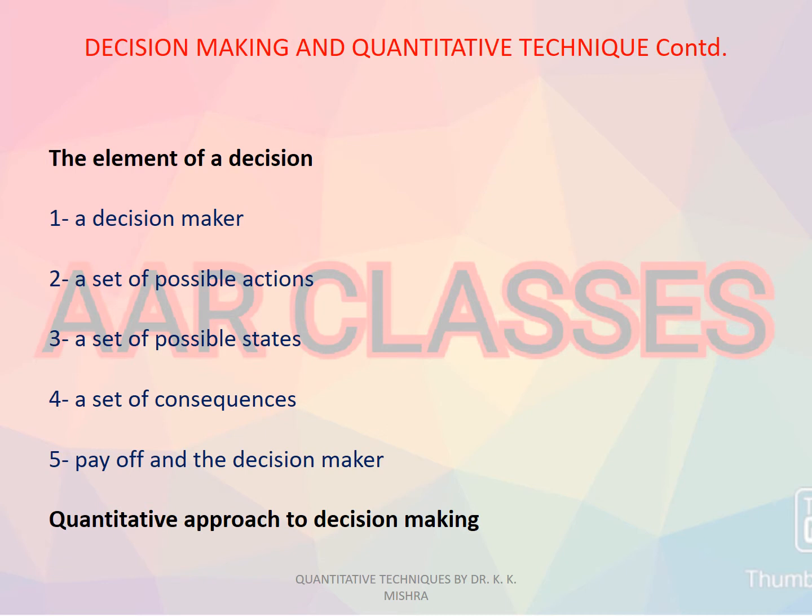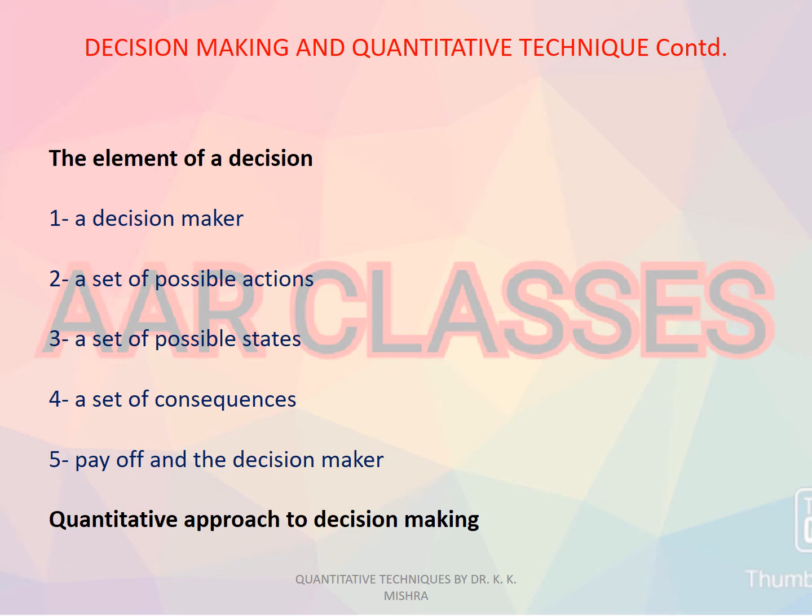Now we'll talk about certain important elements which play a major role in taking a decision. The first is the decision maker himself. The decision maker could be an individual or a group or an organization, an association of persons or society.